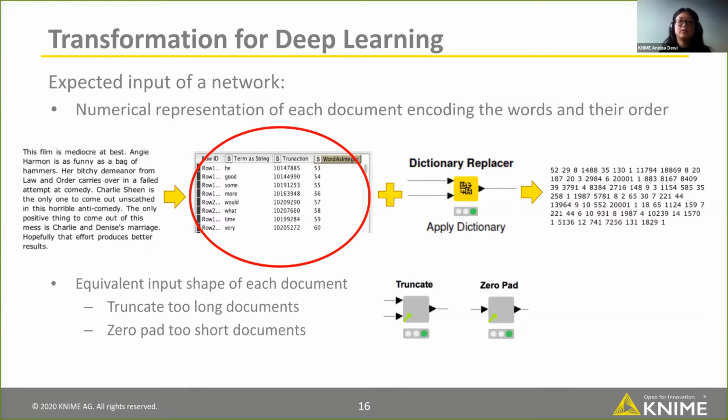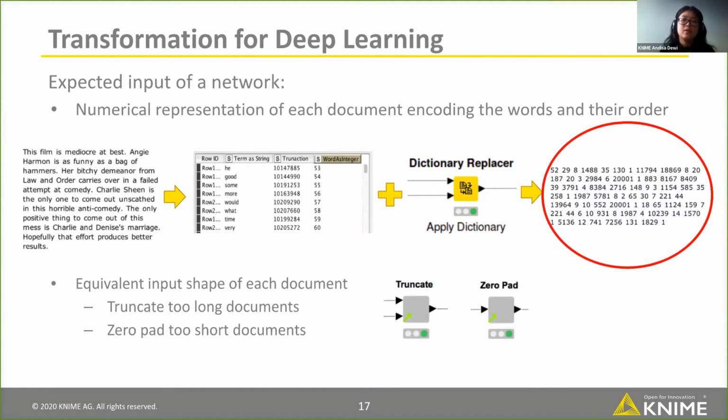And then together with the dictionary replacer nodes, it will replace each word with their corresponding number. So at the end, what you can see is a sequence of numbers that represents this document on the left side, and it is now a numerical representation of this document, and also the order of the words is maintained.